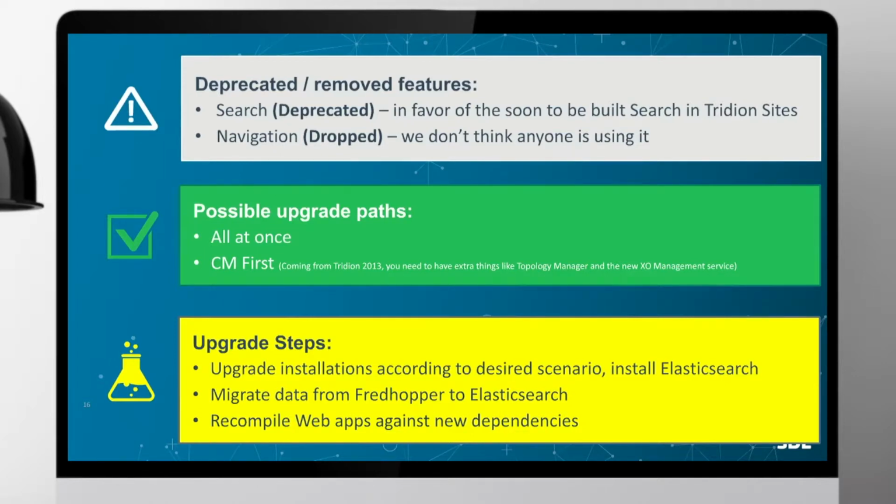Then you would need to recompile your web apps using XO against all the new dependencies that we've introduced in the Sites 9 release. And we will show a bit in the demo on how that data migration goes. So should be cool.